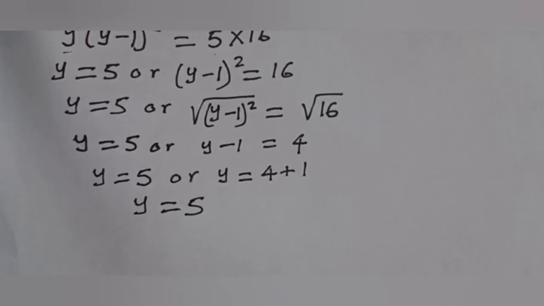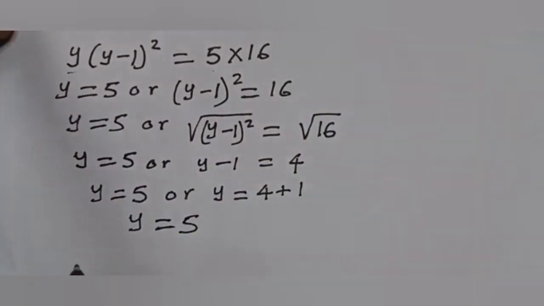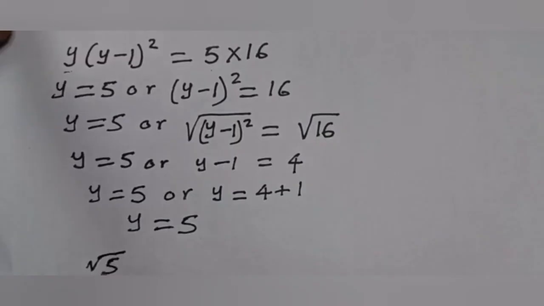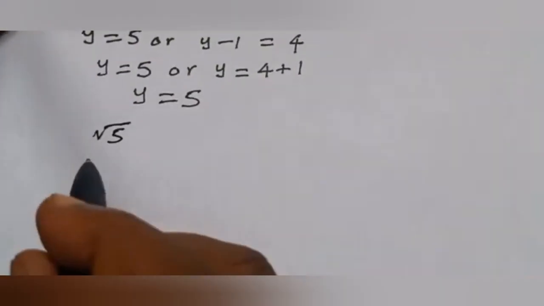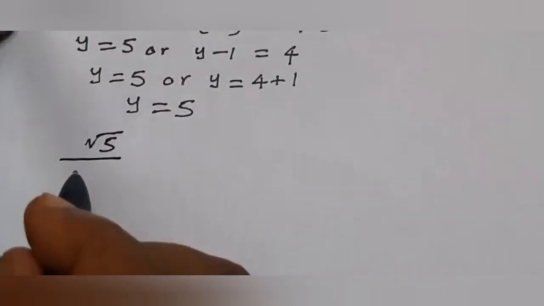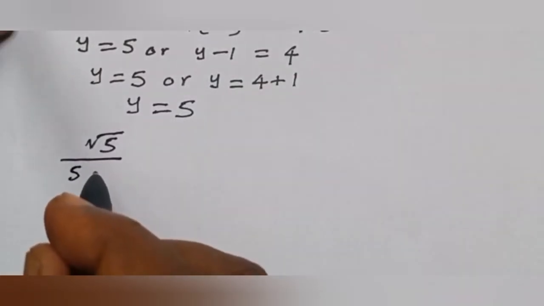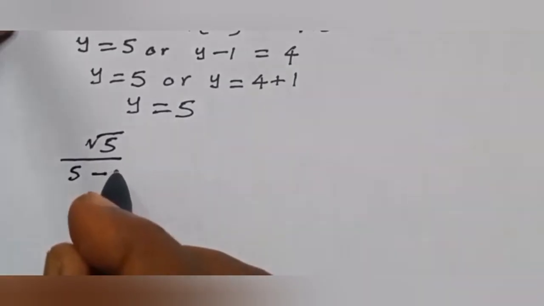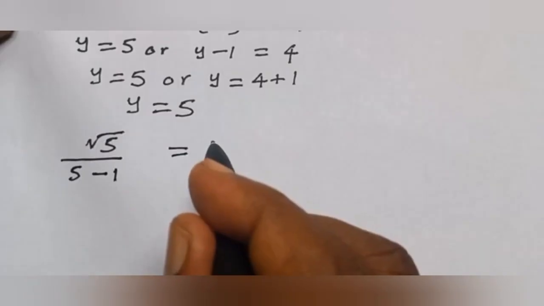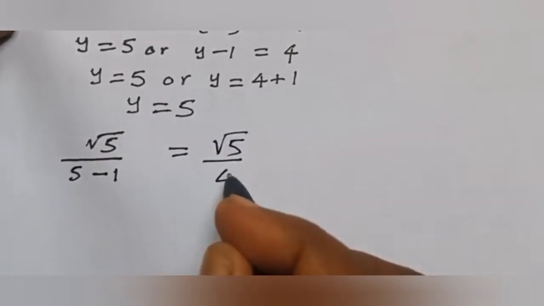We can also verify if the answer is true or not. So in our expression, we have root 5 over (y − 1) equals root y over 4, where y is 5.